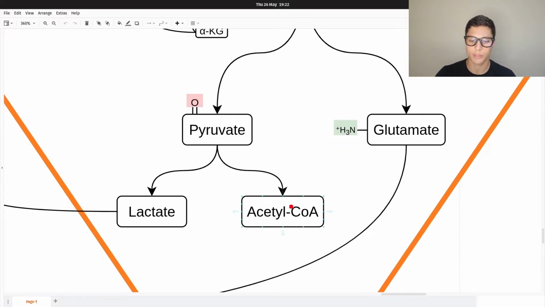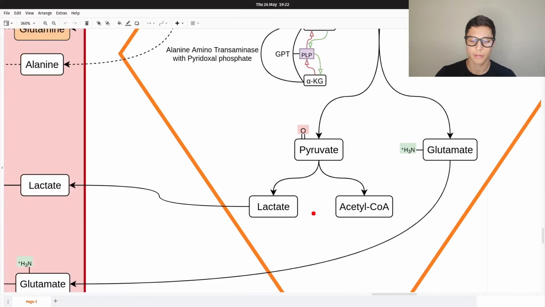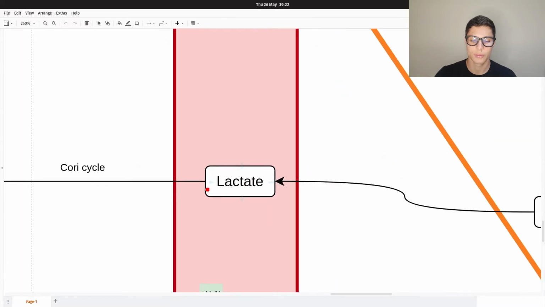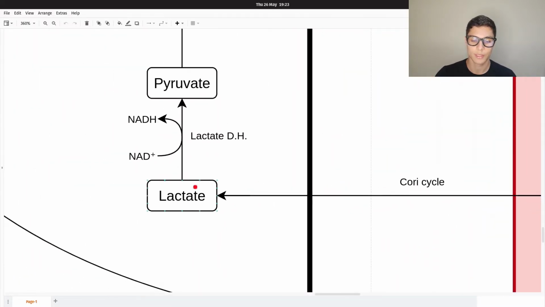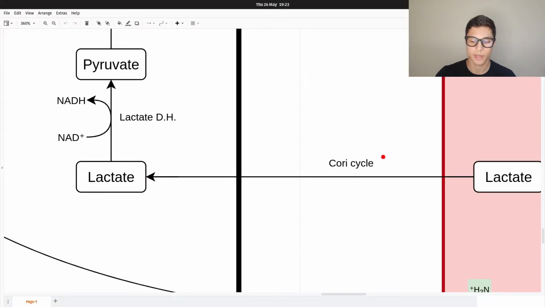Okay, so once we have the pyruvate, in this case, pyruvate can go and create acetyl-CoA, as we talked about in other videos, but pyruvate can also form lactate, and you know that lactate is going to go to the blood and then to the liver. This is the liver, and that's called the Cori cycle.